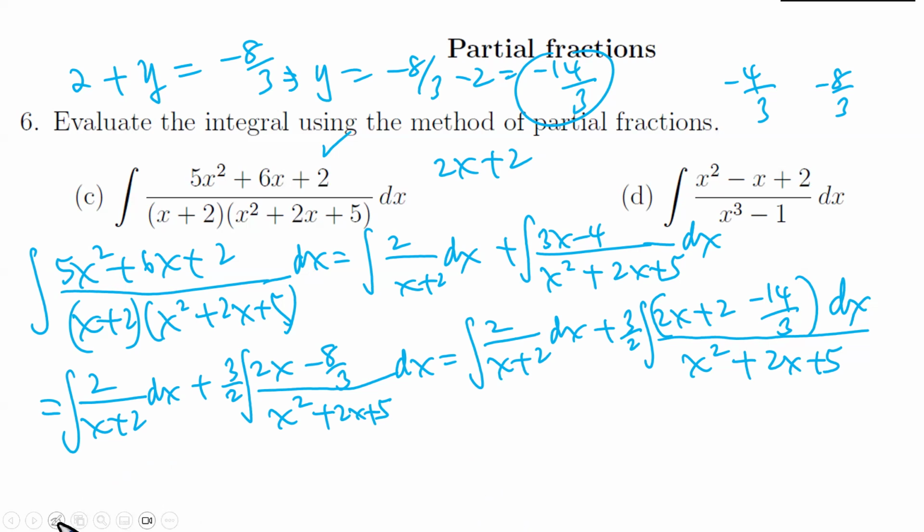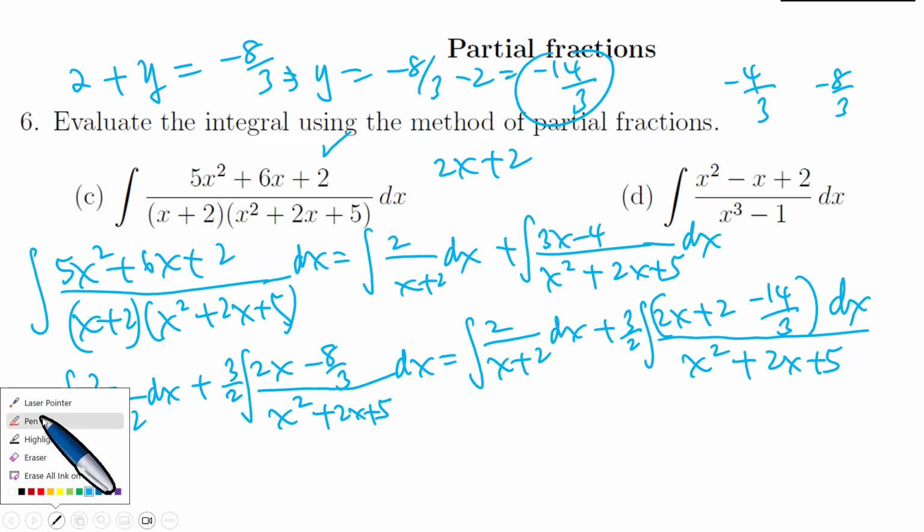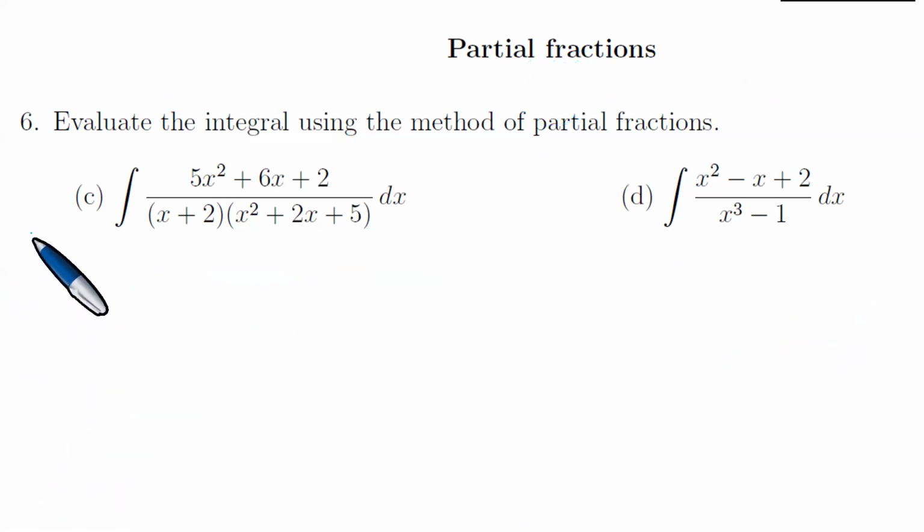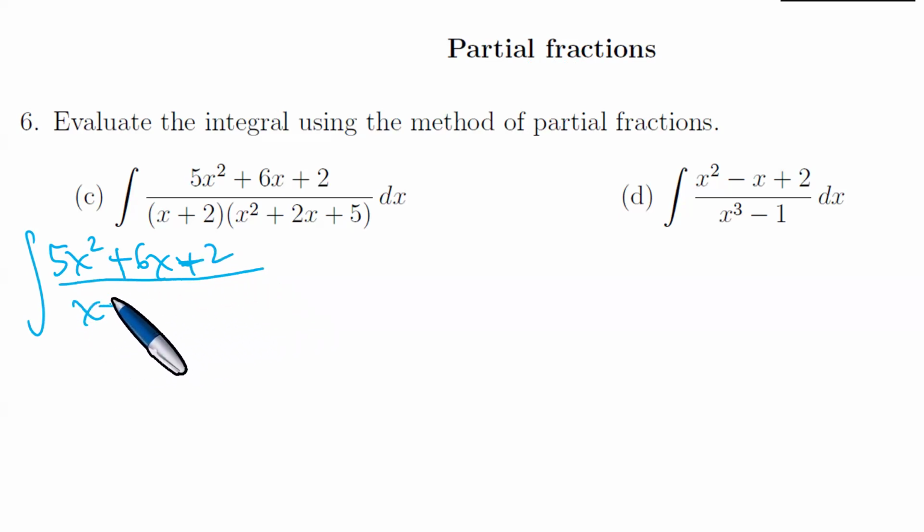So in the end, you have exactly this. So you therefore have the integral 6x + 2, x + 2, x squared + 2x + 5.